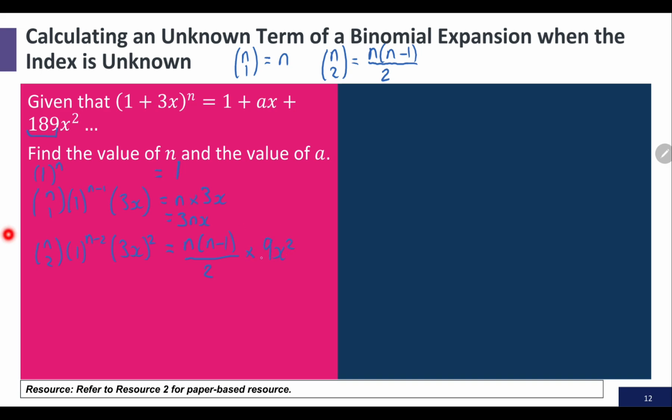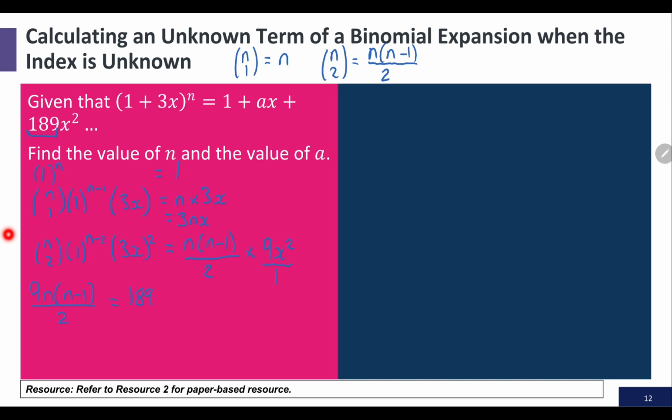So if I just multiply this, imagine that's 9x squared over 1, multiply the numerators, multiply the denominators, I end up with 9n(n minus 1) over 2. It would be an x squared, but I'm going to make that equal to 189.